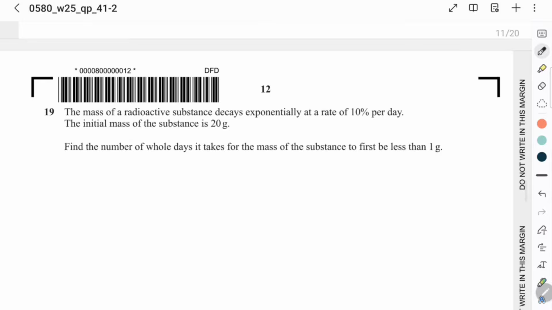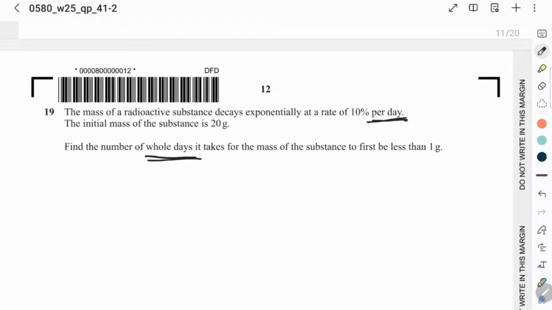Question number 19. The mass of a radioactive substance decays exponentially at the rate of 10% per day. Initially, the mass is 20 grams. Find the number of days it takes for the mass of the substance to fall below 1 gram. They are just asking you the number of days. Everything is in the same unit, so there is no problem.